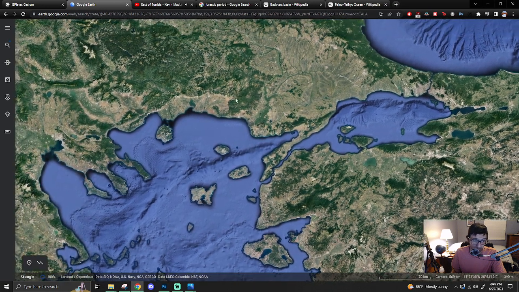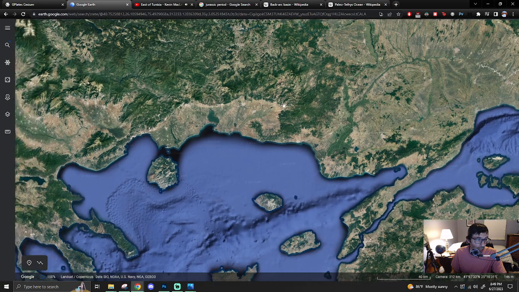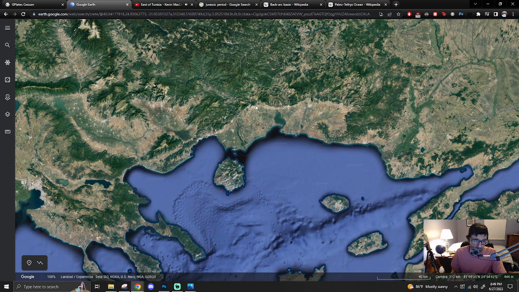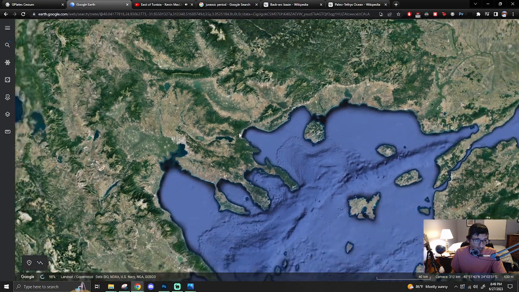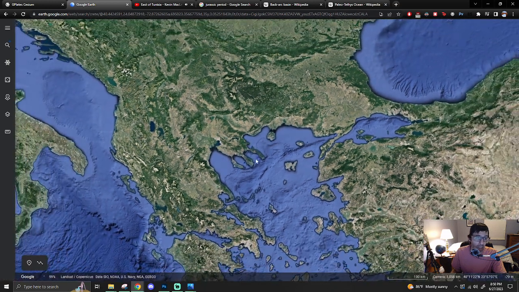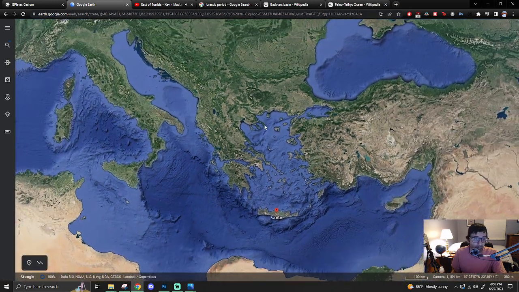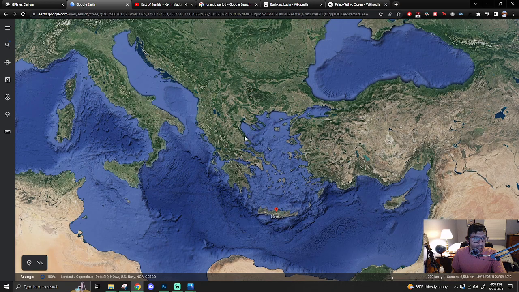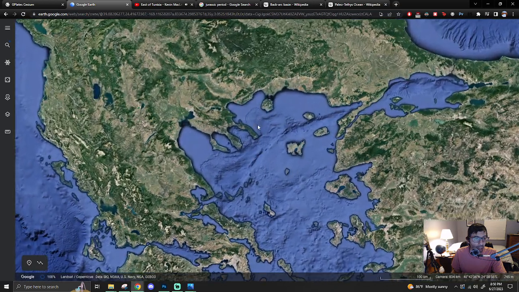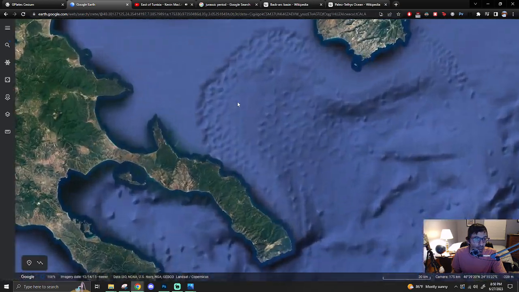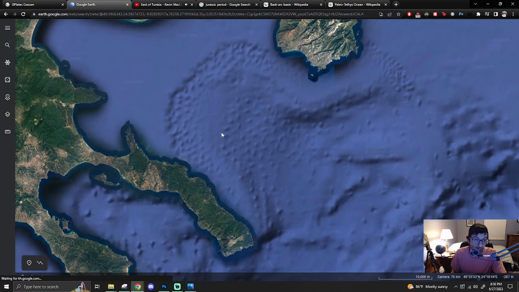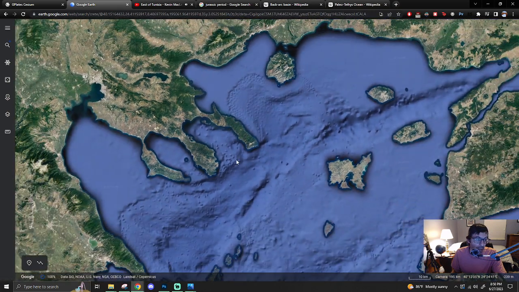Looks like it's bending around the corner here. Some shallogram looking features. I don't know what to make of that exactly. Whoa. Or that. What?